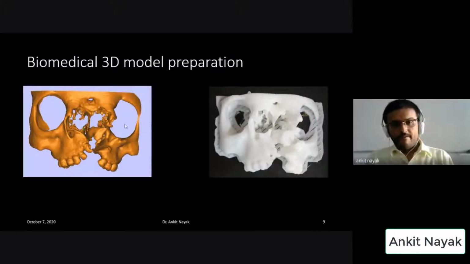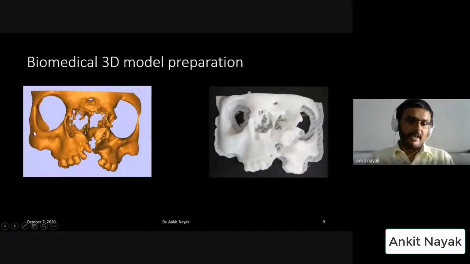Because if we require the exact dimensions, the first thing is it is very difficult to measure the dimensions of the body part by using measuring tools like vernier calipers or scales. Then how will you do the solid modeling? This is the first thing: the measurement related problem.